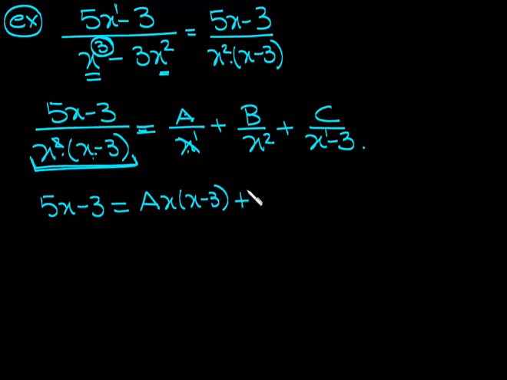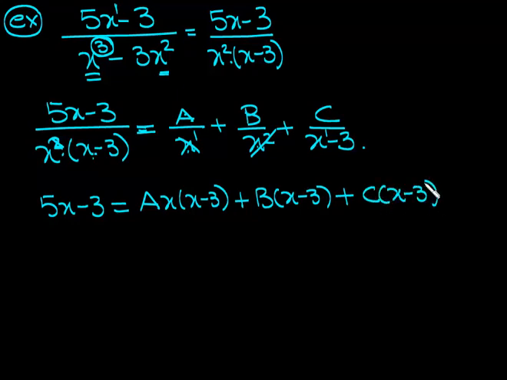If I multiply B over x squared by my common denominator, this will cancel, so you're just left with B times x minus 3. Plus, if you multiply this by your common denominator, the x minus 3's will cancel, so you're left with just Cx squared.